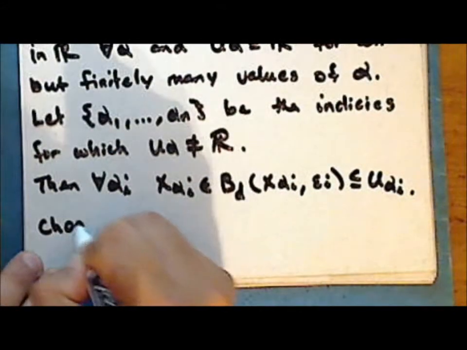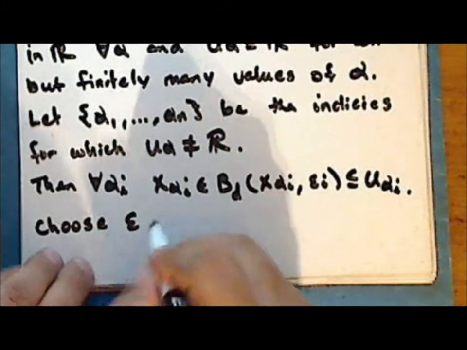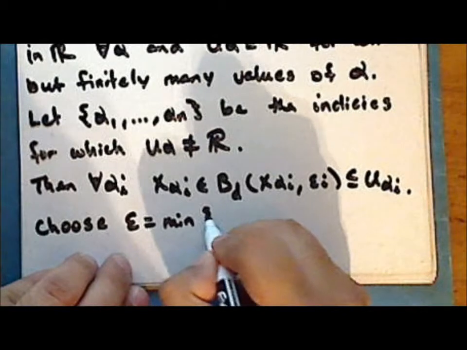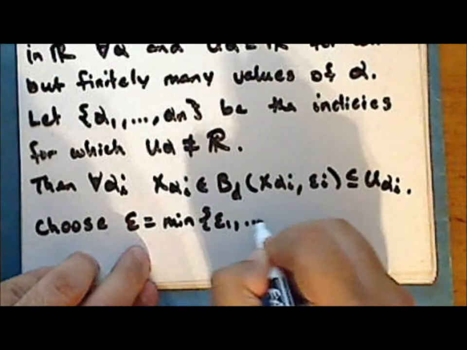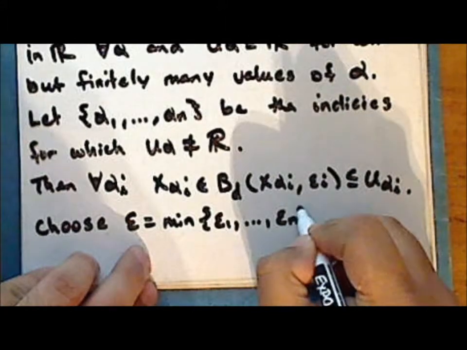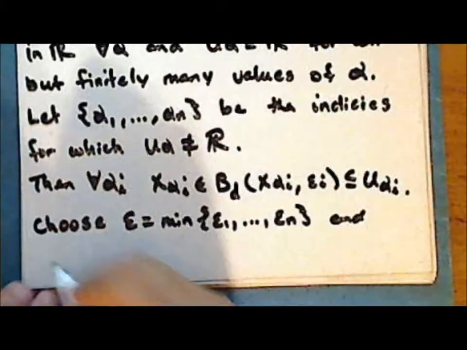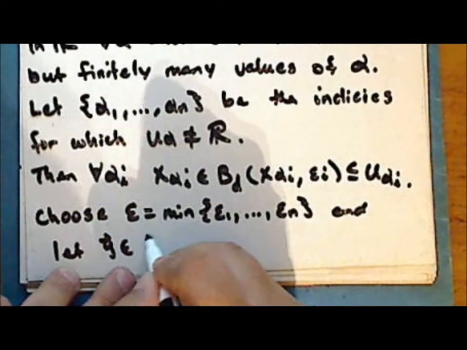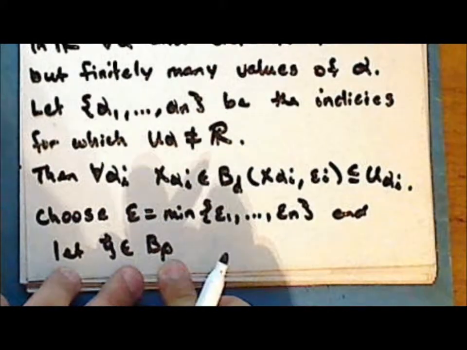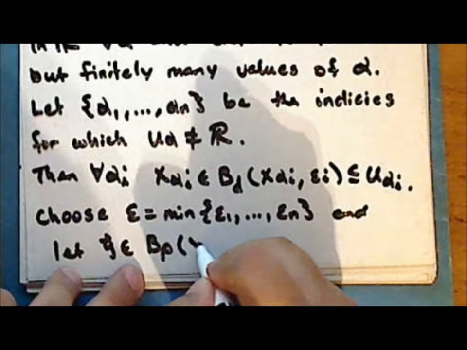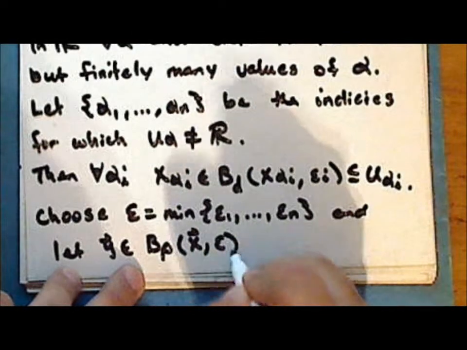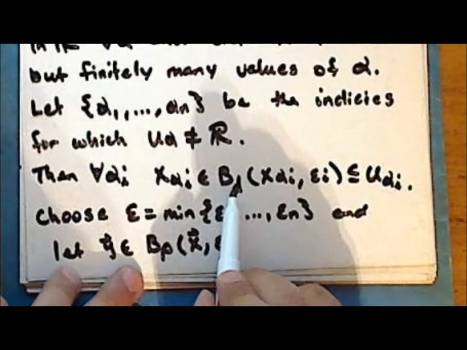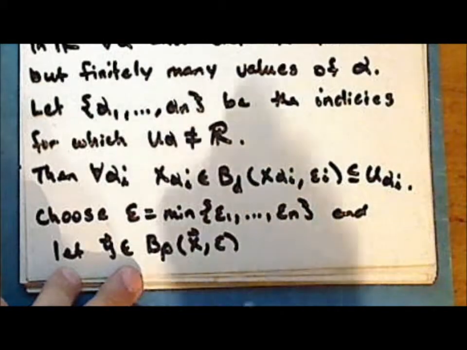So we will choose epsilon to be the smallest of these radii, and we'll let the point y be in the open ball in the uniform metric centered at x with radius epsilon, as we've just chosen it to be the smallest of the radii in the open balls in the standard bounded metric.